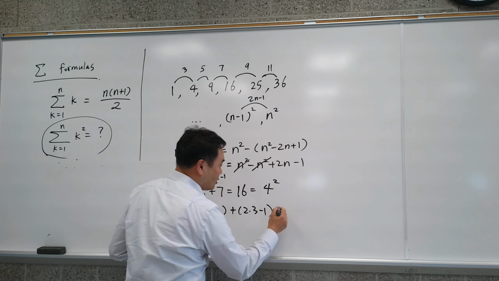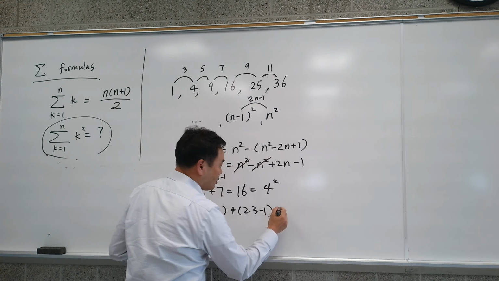And then you write the next one, and you end up with 2 times 5 minus 1, you get 5 squared. And now you generalize, well, what happens if 5 is n? Then you just replace this by n. Replace this by n. Now you're done.